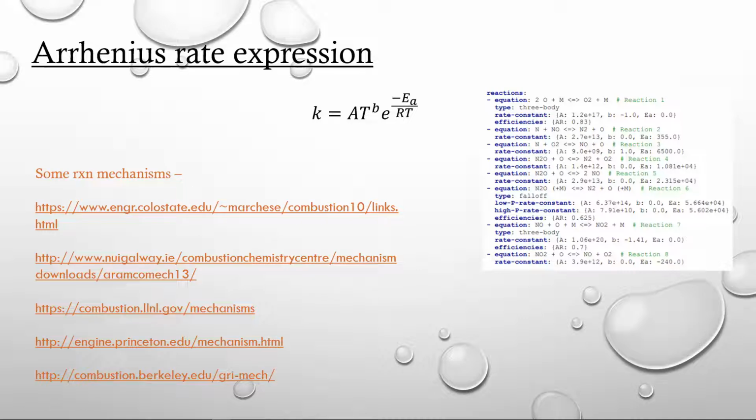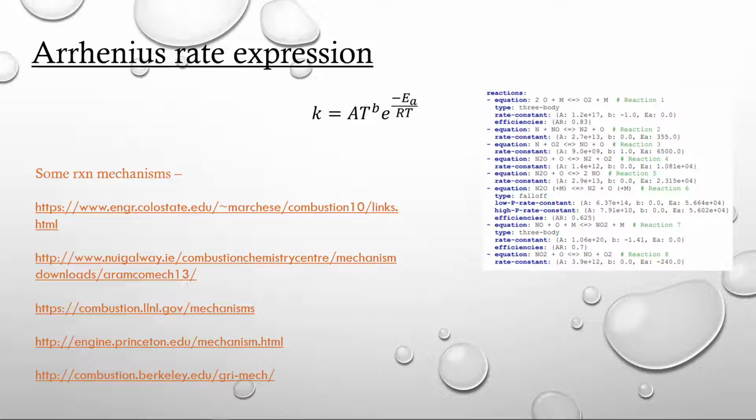And you will also see that some reactions have a different type, like three body and fall off, which is mentioned here, type three body, then type fall off. This again, without going into too many details, should be covered in your theoretical lecture series on combustion fundamentals. But I'll still briefly tell you about it here. These are different types of reactions, which you will obviously study in your course.